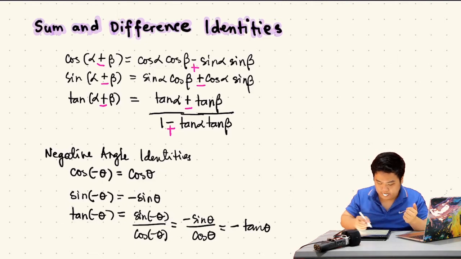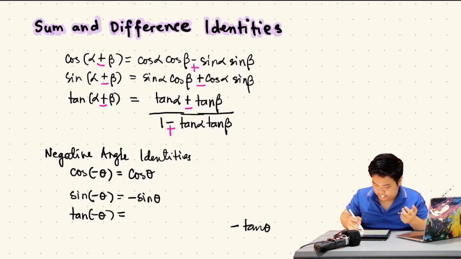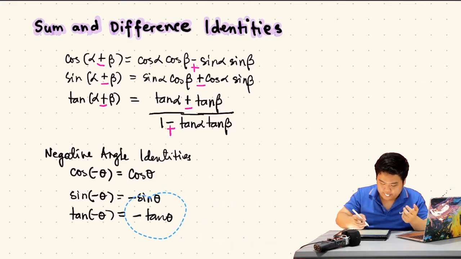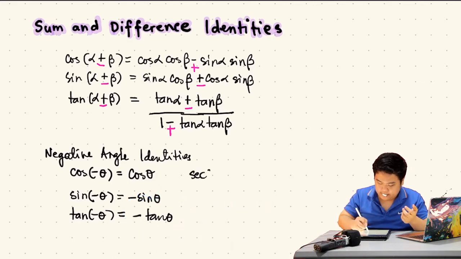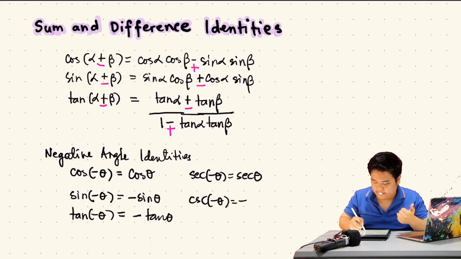So, ibig sabihin, pwede mo rin i-pull out yung negative kay tangent. And you can derive the others using that method. So, secant negative theta is secant theta, yung reciprocal ni cosine. Cosecant negative theta is negative cosecant theta. And finally, cotangent negative theta is negative cotangent theta.